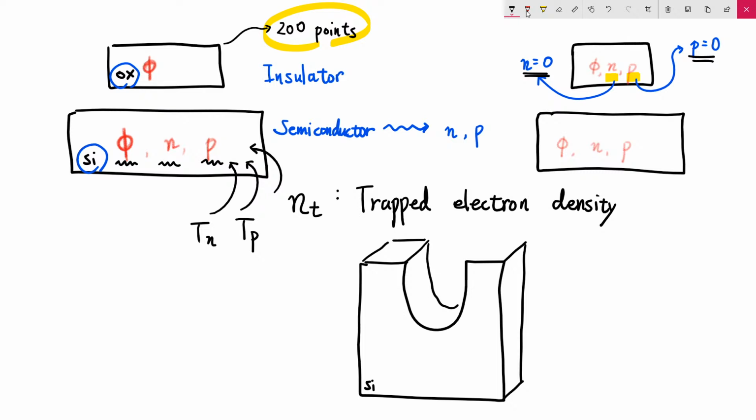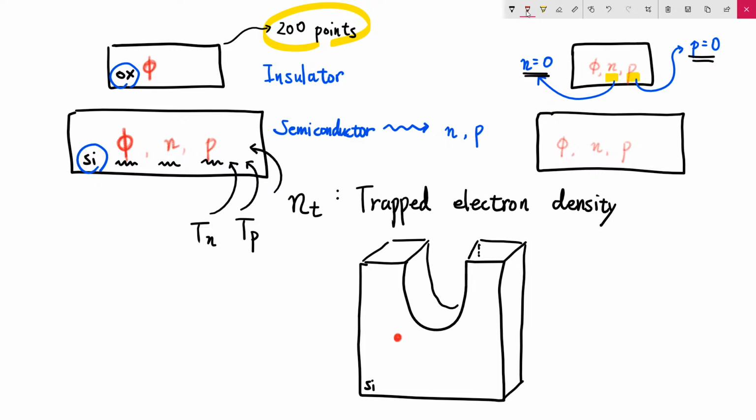But let's say that is somewhere here. Yes, there is a certain impurity which is acting as a trap.